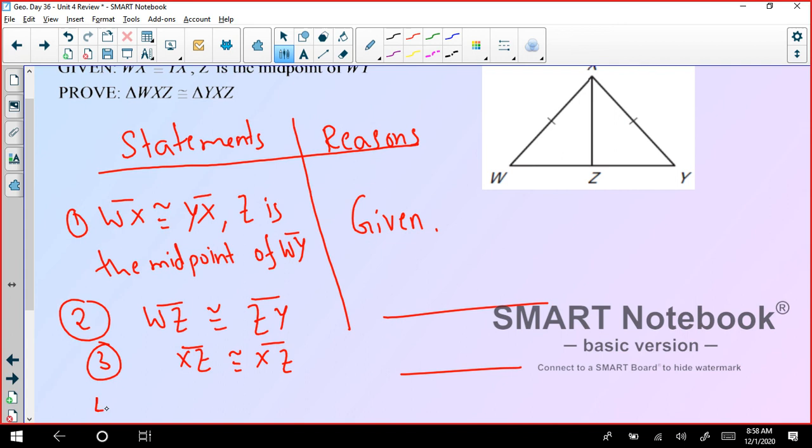And I can also say triangle WXZ is congruent to triangle YXZ.